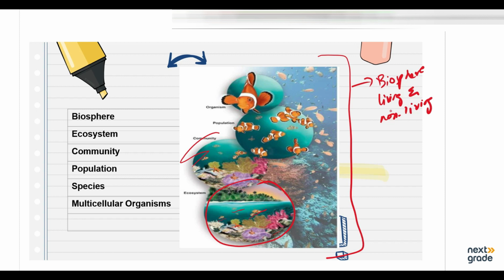Then there is the population. A population is when members of one species inhabit the same area. As you can see here, all are similar fishes that are existing together. So this is an example of a population.